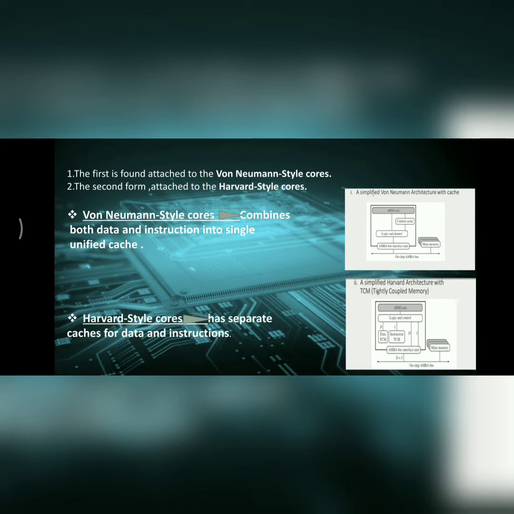The parts of the von Neumann architecture are memory, ARM core, arithmetic logic unit, input/output devices, control unit, etc. Next, the Harvard style core has a separate cache for data and instructions.